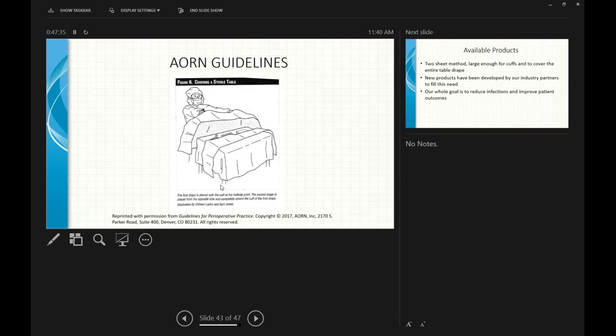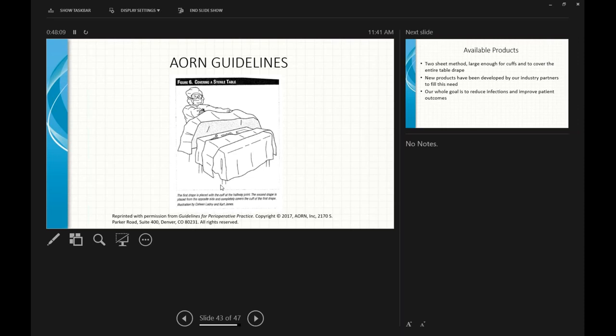I have permission from AORN to use their picture from their guideline. This is a 2-sheet method of covering the table, and it needs to have a large cuff put on there, and it has to have 2 sheets with the second cuff, as that person is applying it, completely covering the first cuff. So there has to be no exposure of that first cuff.